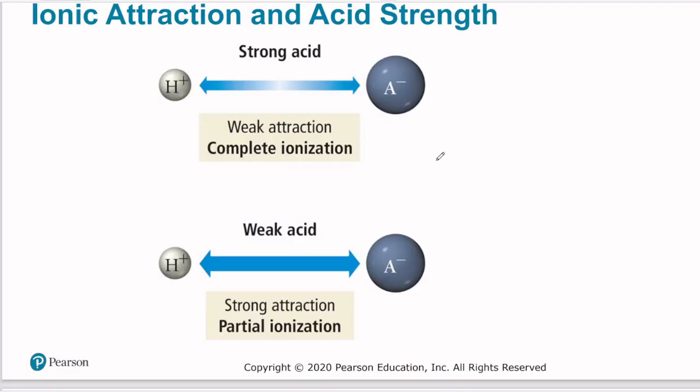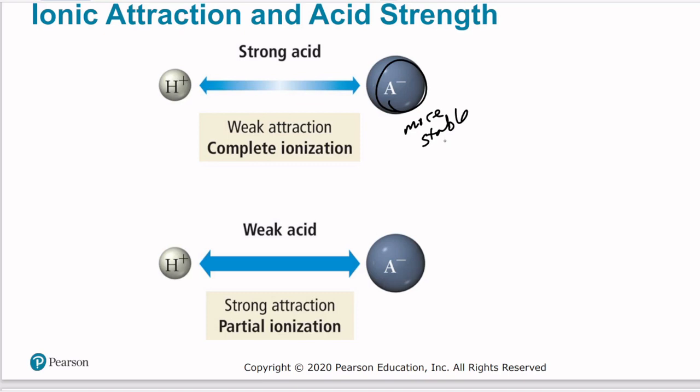Here we demonstrate that a strong acid has a weaker attraction between the anion and the H plus than a weak acid. That weaker attraction leads to complete ionization. We could also look at it like the anion is more stable in water.